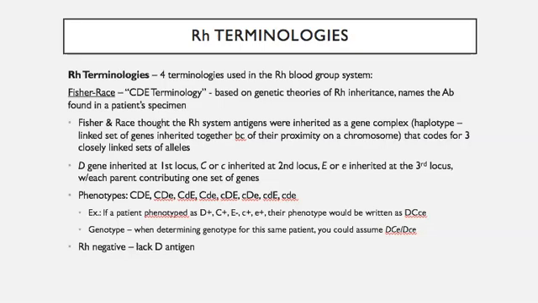Rh negative just means that the patient lacks the D antigen, and there's no such thing as a little d antigen, but sometimes you'll see that little d used as a placeholder to represent that the patient does not have the D antigen.